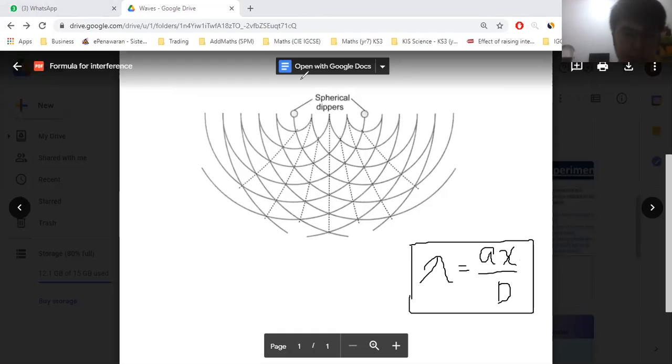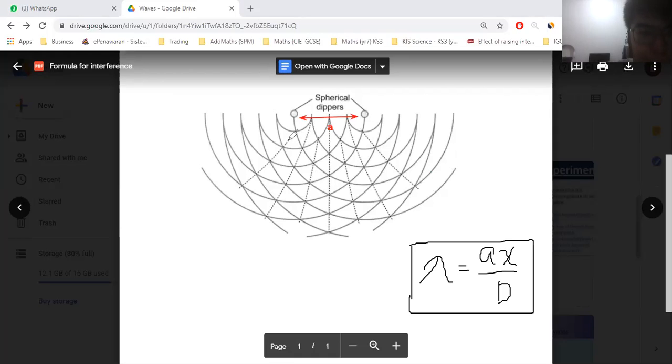Now a 呢就是the distance between the sources. 所以你看这个 spherical dippers，the distance between 这两个 dippers 那个就是 a. This is a. X 就是 the distance between each of the constructive interference lines.